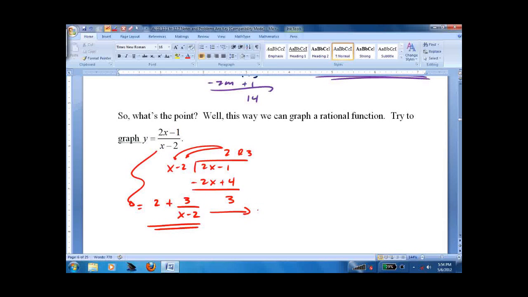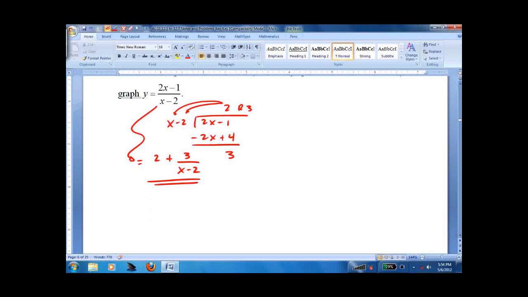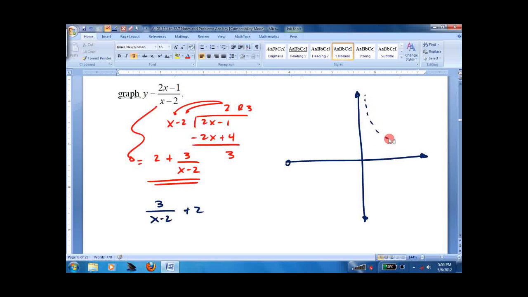Can rewrite that as 3 over x minus 2 plus 2. And we just spent a fair amount of time graphing. And we know that the parent function looks like this. So the plus 2 goes up 2.